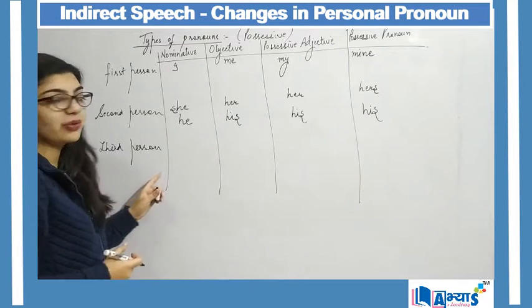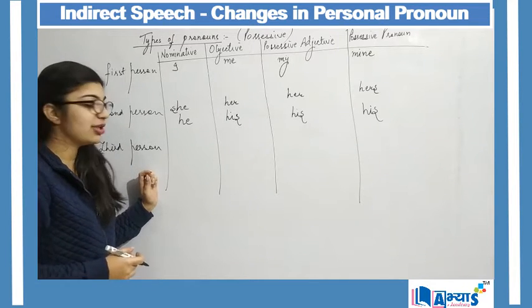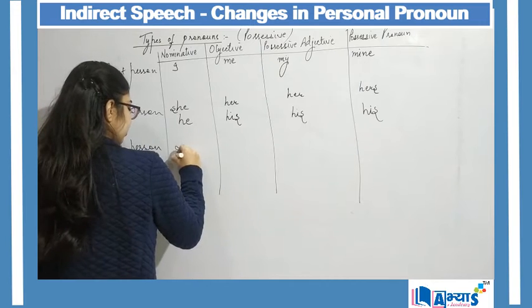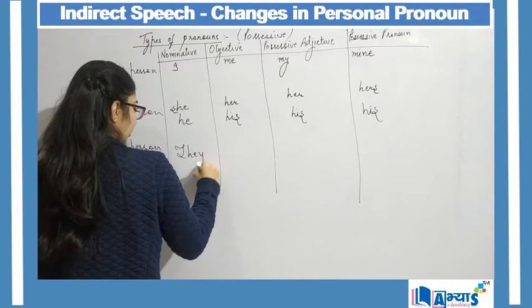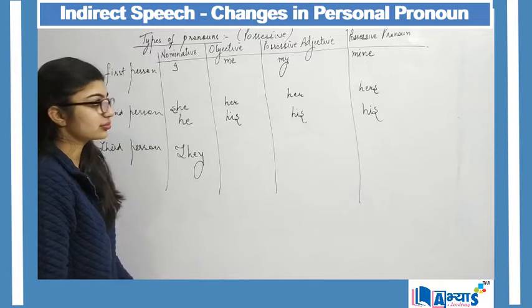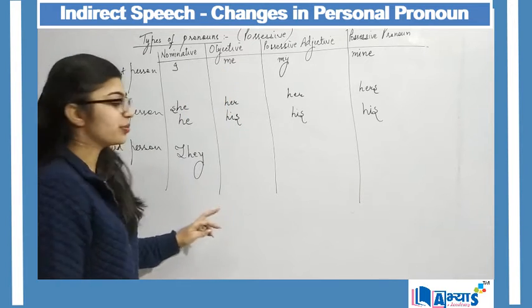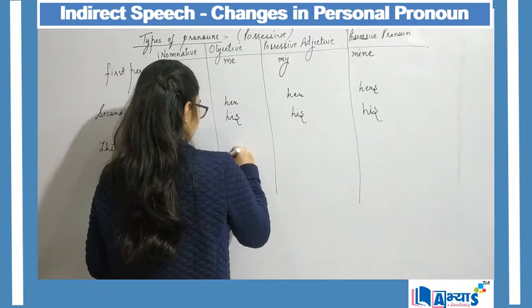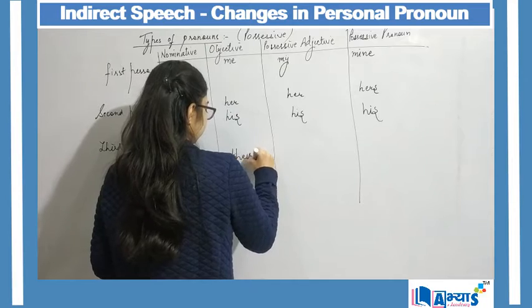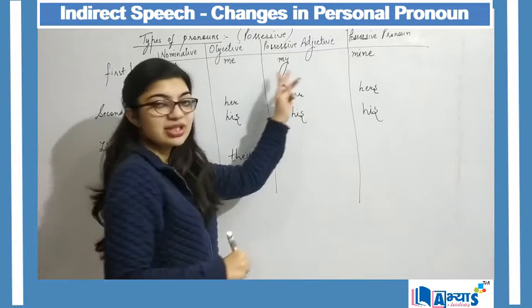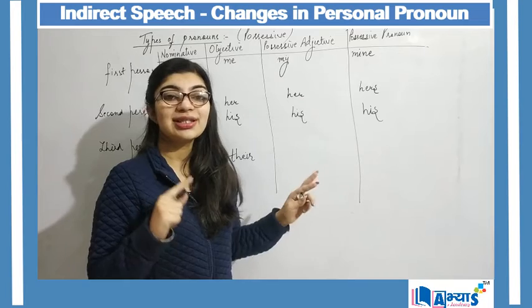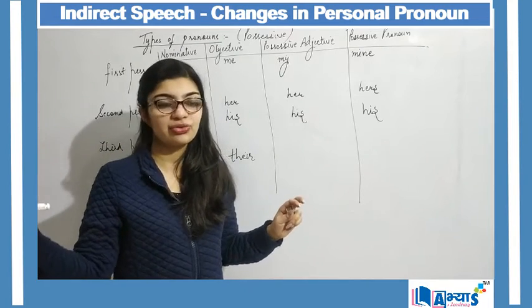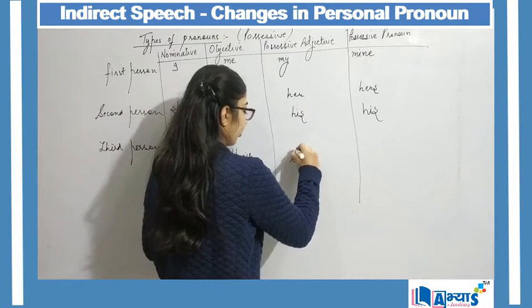Then let's talk about the third person. The third person can be they. The objective case will be them. The possessive adjective: this is their classroom. So, their.